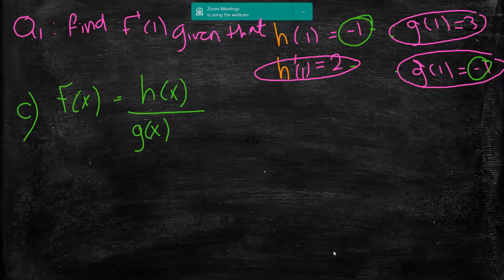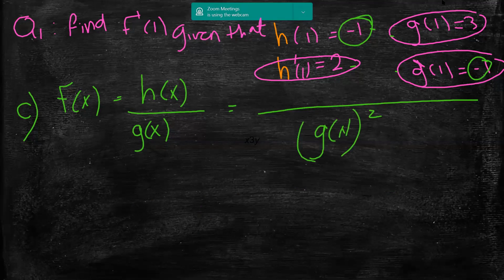So I will say g of x squared on the bottom, and up it will be g of x times h prime of x minus h of x times g prime of x, using the quotient rule. G h prime minus h g prime over g of x squared.